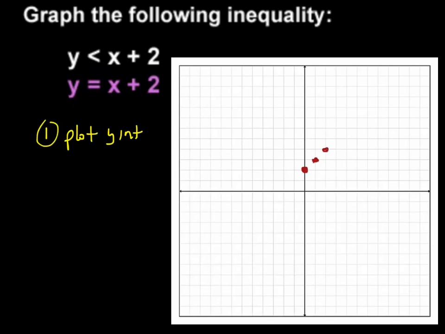Now since it is less than, my line is going to be dotted.